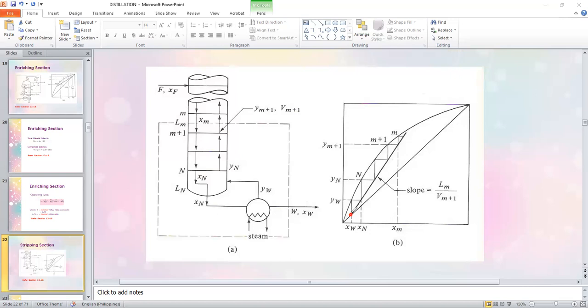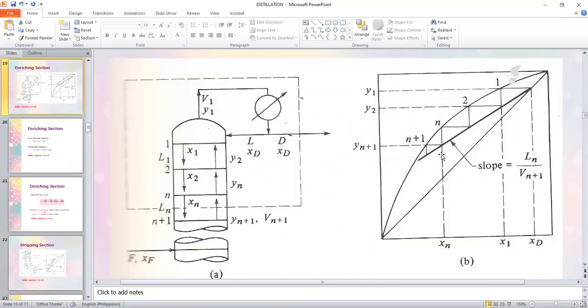To the point of intersection of what? To the point of intersection of your, let me do this first, of your enriching section operating line and the feed line, which I'm going to discuss next. This one will have an intersection to a third line that will be drawn on this same equilibrium diagram.